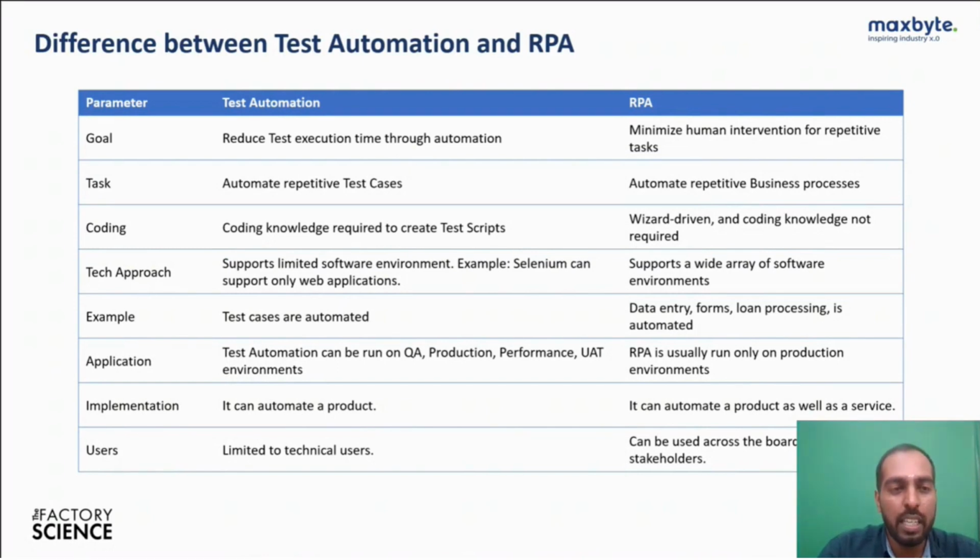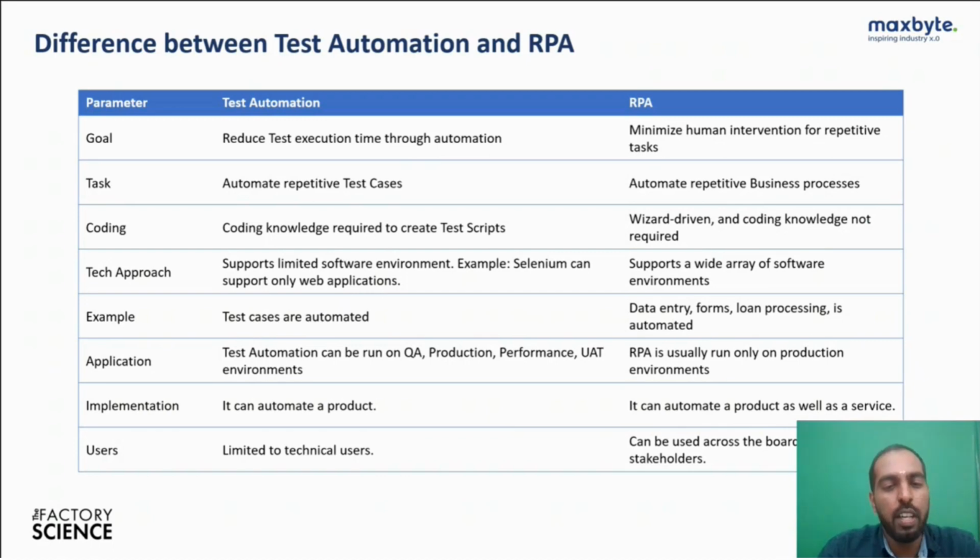In test automation, software support is limited. Selenium is a famous web testing tool, but it supports only web applications, whereas RPA software will support all kinds of ERP and CRM, all kinds of inter-organization tools.